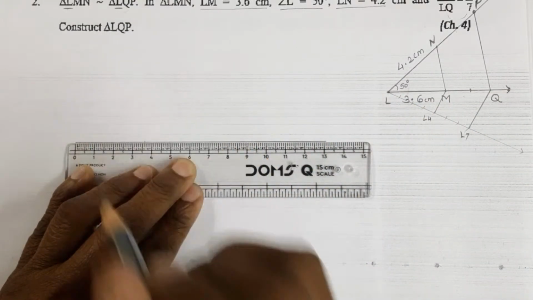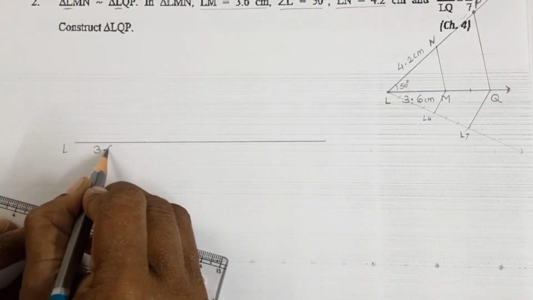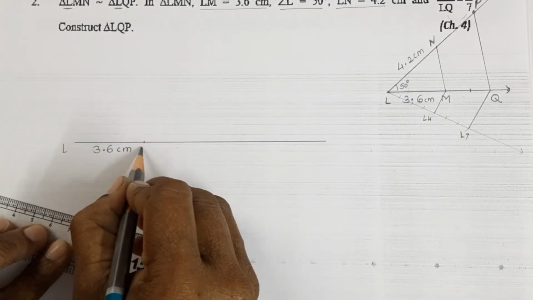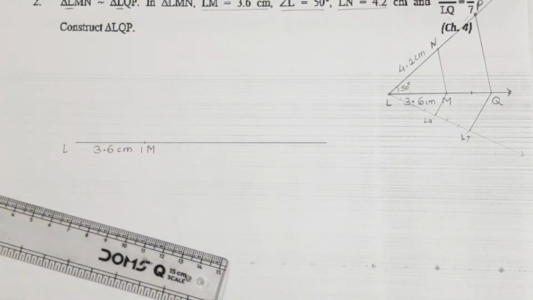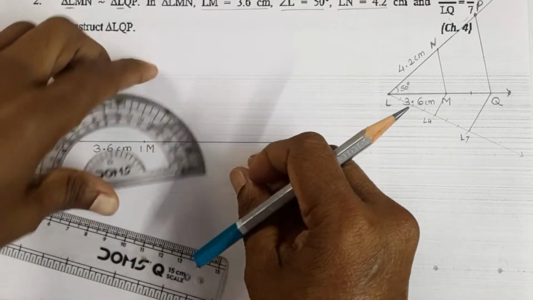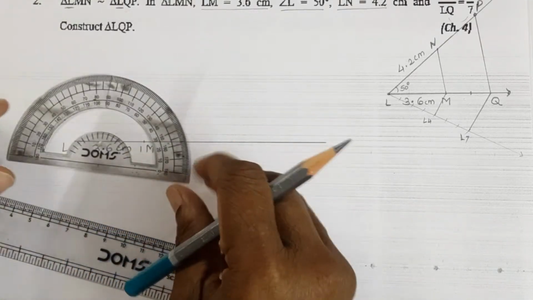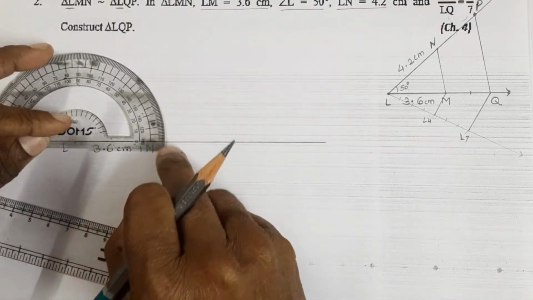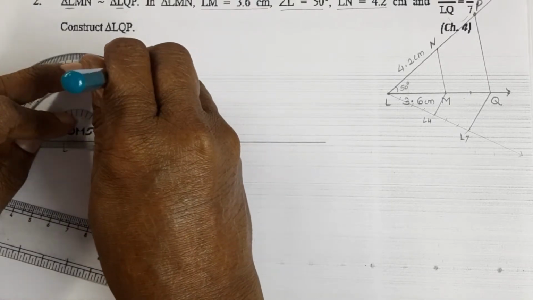So here L, and 3.6 centimeter, so this point is M. Here is LM. Then make the 50-degree angle on the upper side, from L. L is the 50-degree angle, this way.